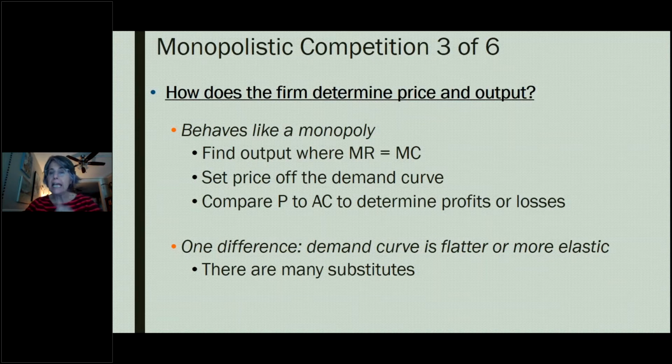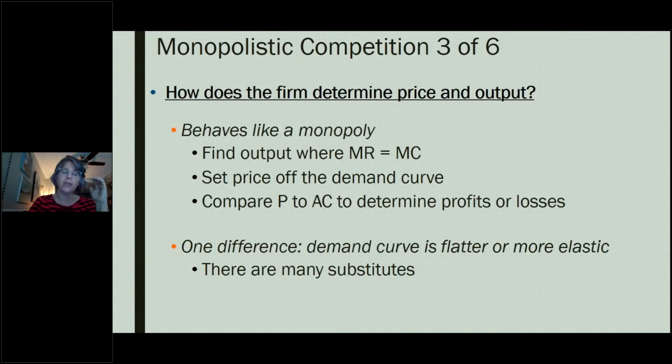Then they take that quantity and go up to the demand curve, and the demand curve tells you the price. Then at that Q, you compare your P to your average cost. If your P is greater than your average cost, you're going to earn a profit. If your P is lower than your average cost, you're going to earn a loss. I'll say that one more time.